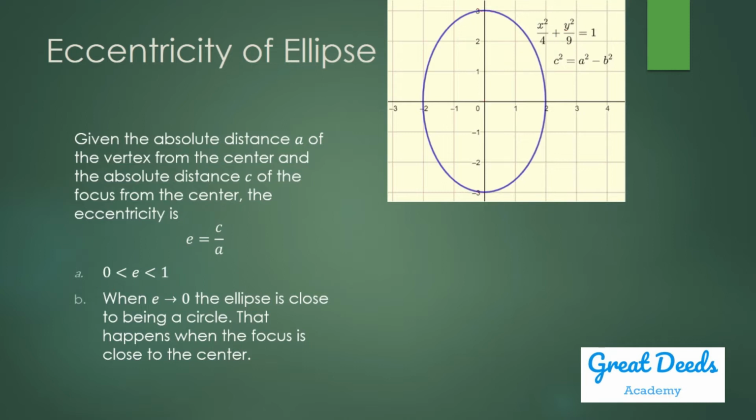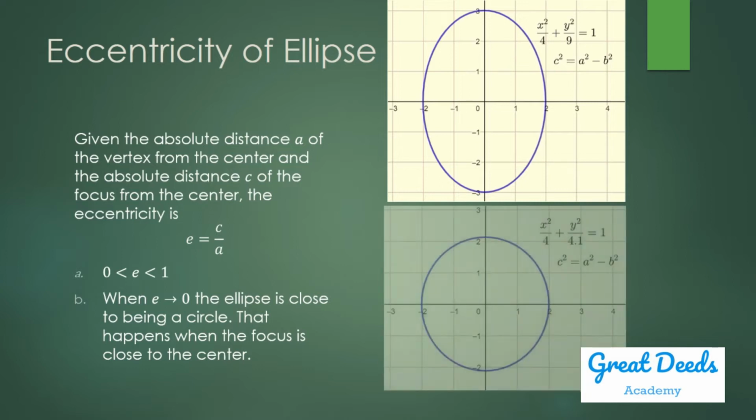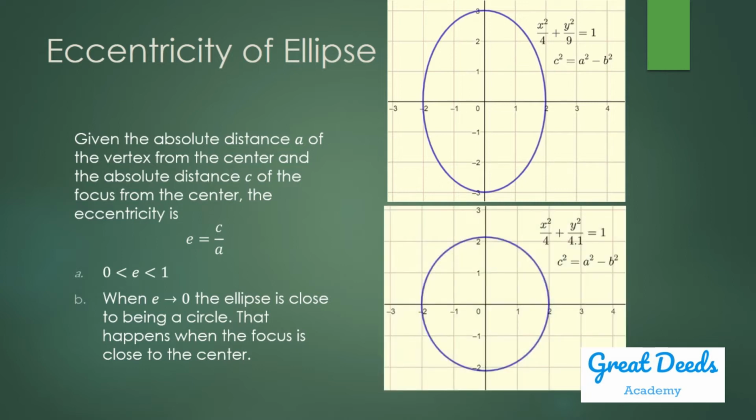Now, when E approaches 0, the ellipse is close to being a circle. When E is close to 0, the shape of your ellipse is resembling the shape of a circle. Now, why is that? Well, pay attention to the value of C squared. C squared is equal to A squared minus B squared.